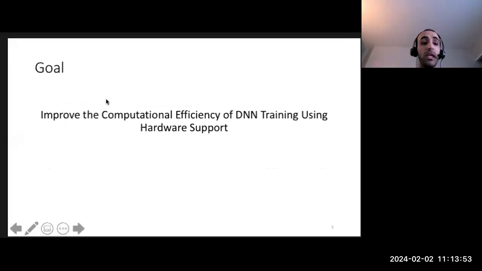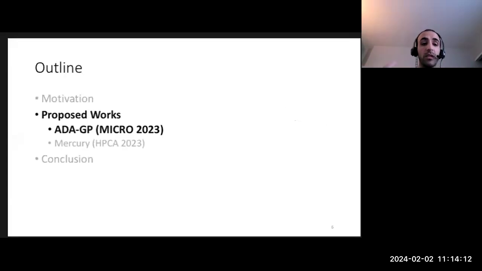So we need to improve the computational efficiency of DNN training using hardware and software support. That's why we have so many recent works in DNN acceleration, and we focus on two of them in this presentation. I will start with the work AGP.